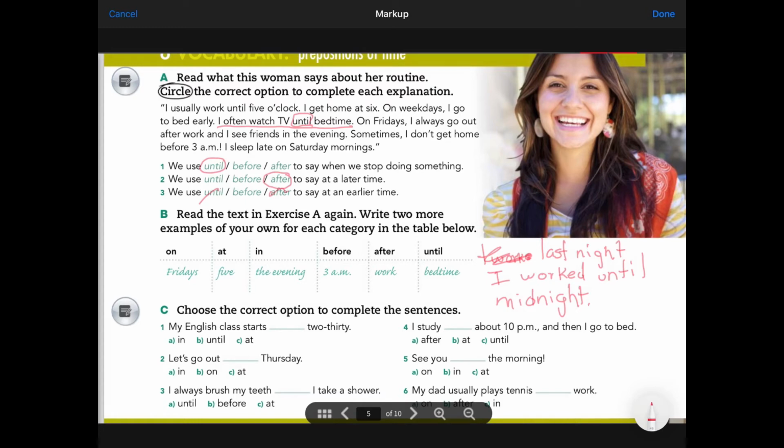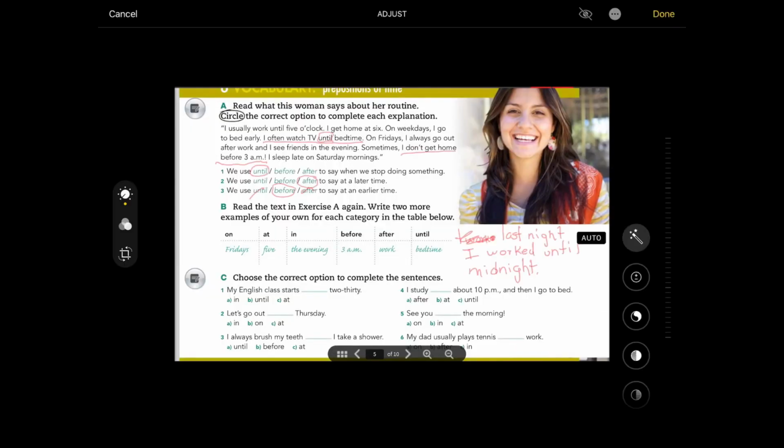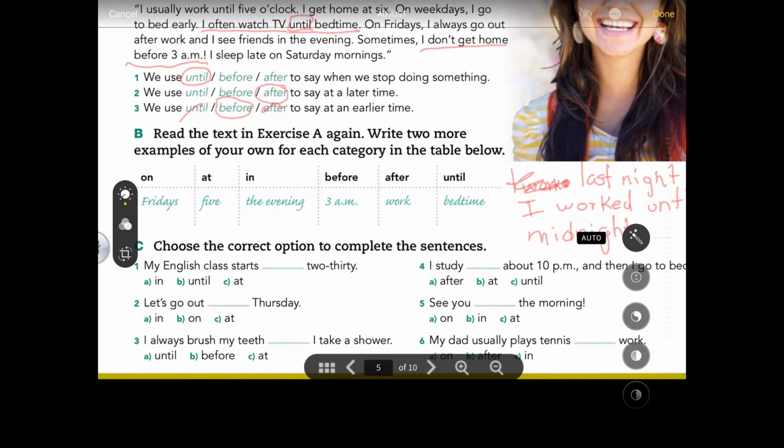We already used until and after. We use before to say at an earlier time. So this is the answer. An example for this is here. I don't get home before 3 a.m. I don't go to sleep before 9 p.m.